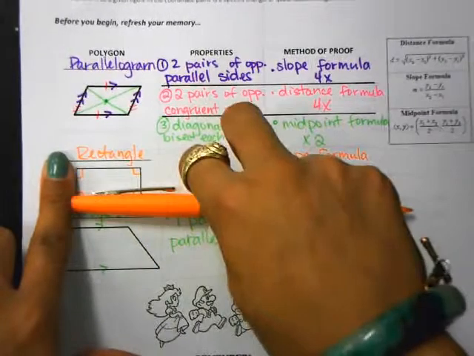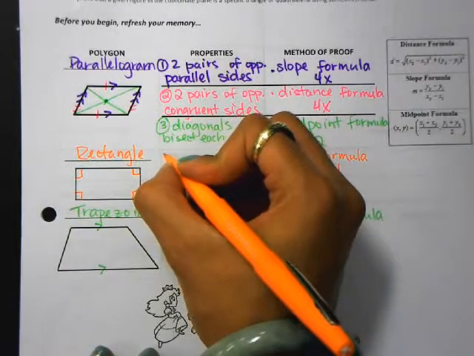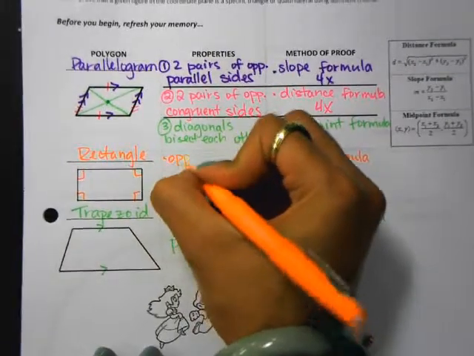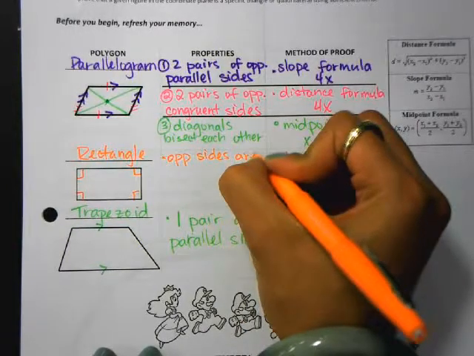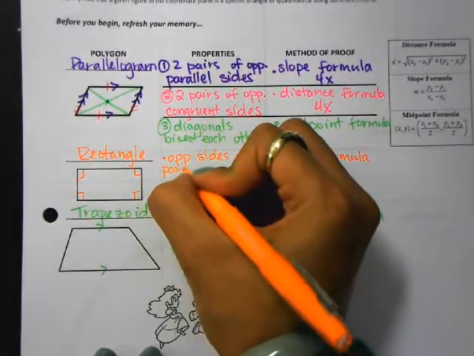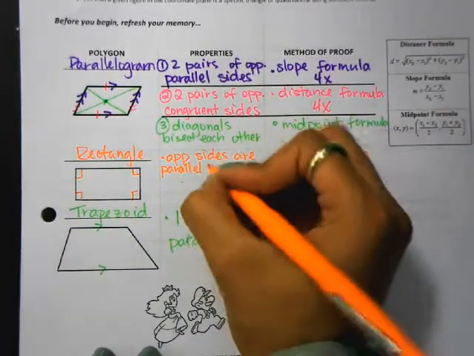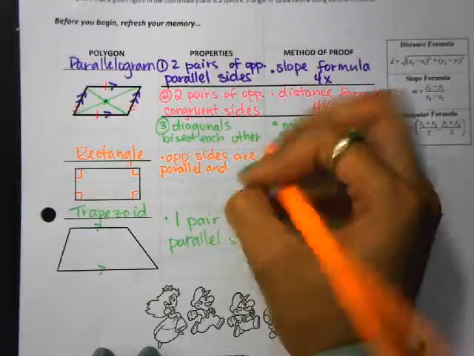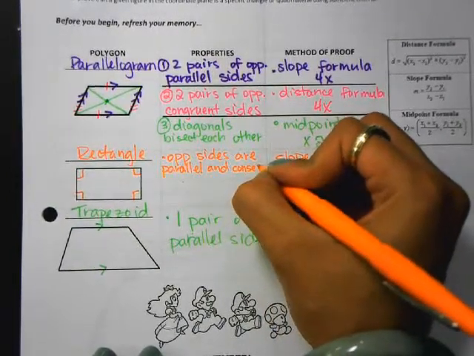Okay? So the first thing we're going to prove is that opposite sides are parallel and consecutive sides are perpendicular.